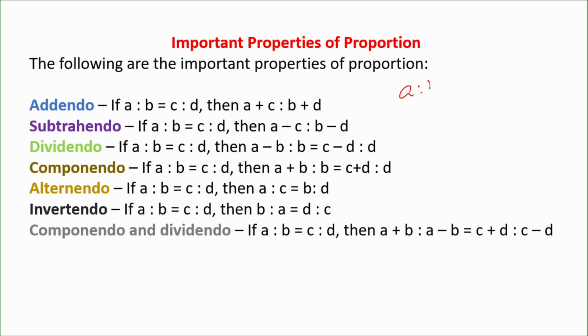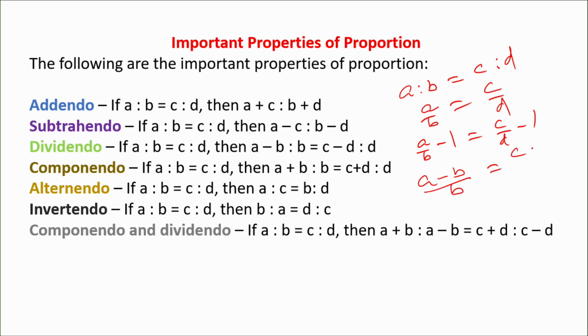First, dividendo. When A is to B is equal to C is to D, that is A by B is equal to C by D, then subtract 1: A by B minus 1 is equal to C by D minus 1, or A minus B by B is equal to C minus D by D, or A minus B is to B is equal to C minus D is to D, clear.